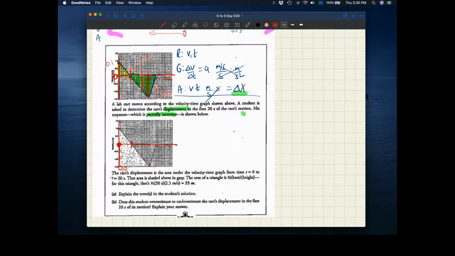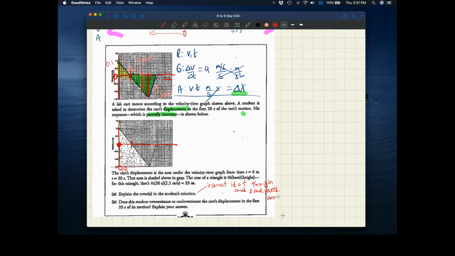And so the student's errors have to do with the incorrect identification of the origin and the x and y axes. In this case, this bottom line where he's taking the area to is actually at minus 2.5, which is an arbitrary number.